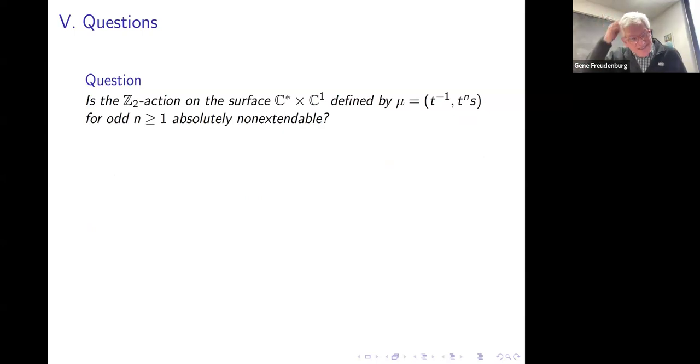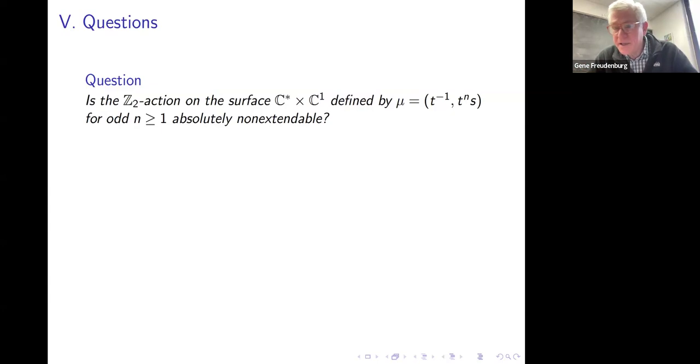Okay, so there are some questions I have that I would like to know the answer to. So first of all, I'm going to go back to this surface C star cross C that I gave in one of my first examples. It uses an O2 action, but the involution is this mu, and the mu is that guy that has this funny fixed point set, right?